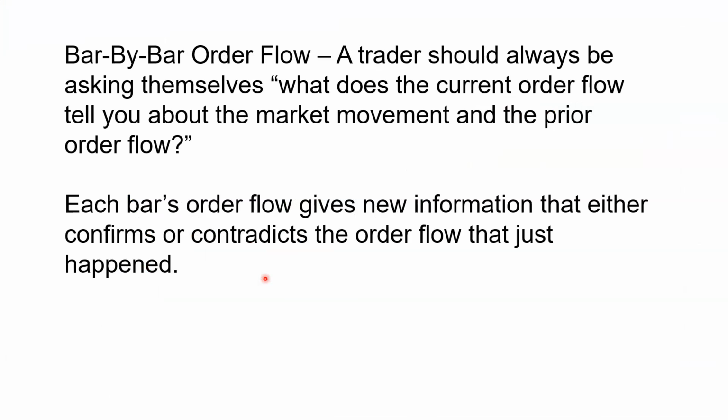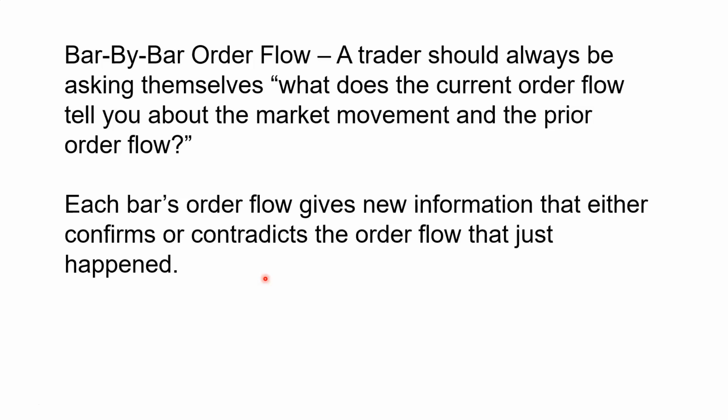Now, bar by bar order flow, right? A trader should always be asking himself, what does the current order flow tell you about the market movement and the prior order flow? And what that means is, you got to be looking at it on a bar by bar basis. As each bar forms, watch what's happening in the order flow.